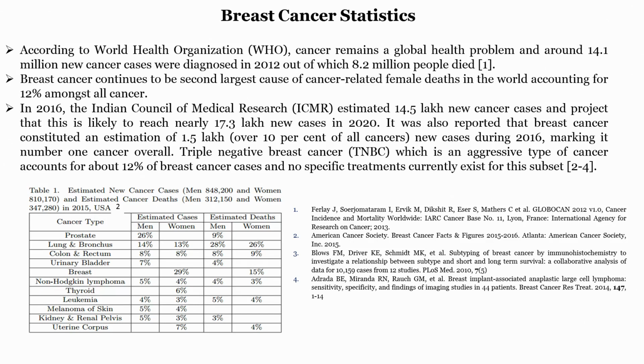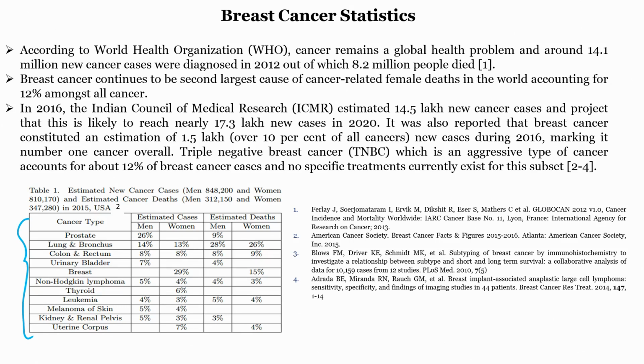So, if you see this table, it shows estimated new cancer cases as per 2015 data, based on the breast cancer facts and figures from the American Cancer Society in Atlanta. In the cancer types, we can see prostate cancer, lung and bronchus, colon and rectum, urinary bladder, breast, lymphoma, thyroid, leukemia, melanoma, kidney, renal and uterine corpus.